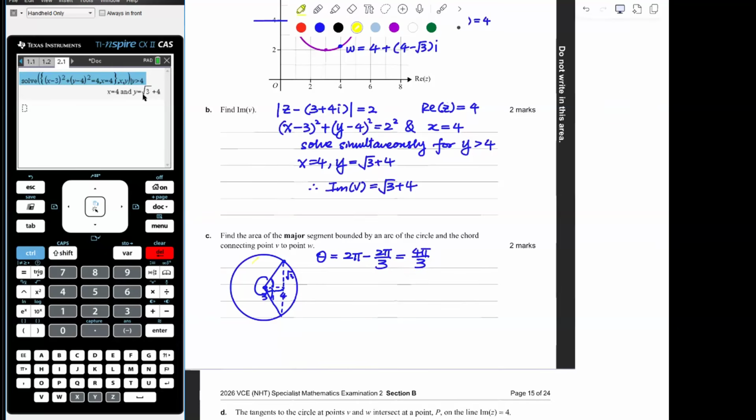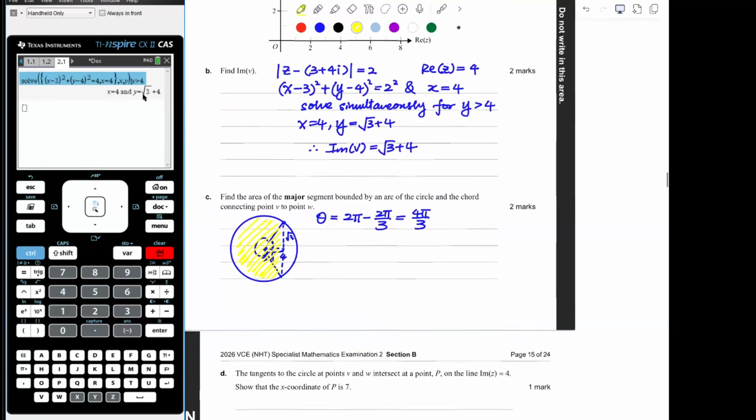In order to find the major segment, I'm still using the same area formula: half times 2 squared, r squared, times the angle in radian measure, subtracting sine of the angle in radian measure.